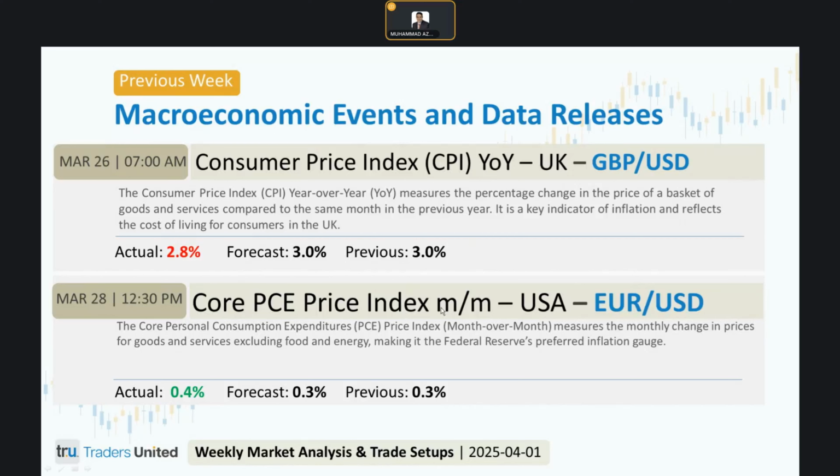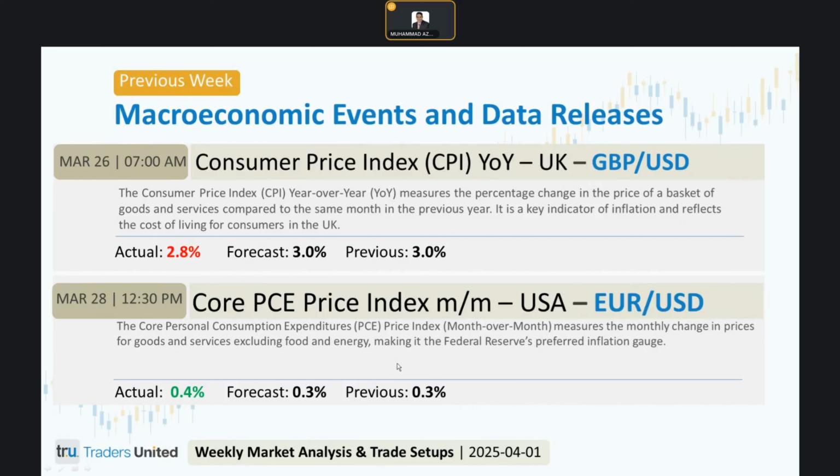The core personal consumption expenditures PCE index month over month measures the monthly change in prices for goods and services excluding food and energy. It is the Federal Reserve's preferred inflation gauge, providing a clearer picture of underlying inflation trends.